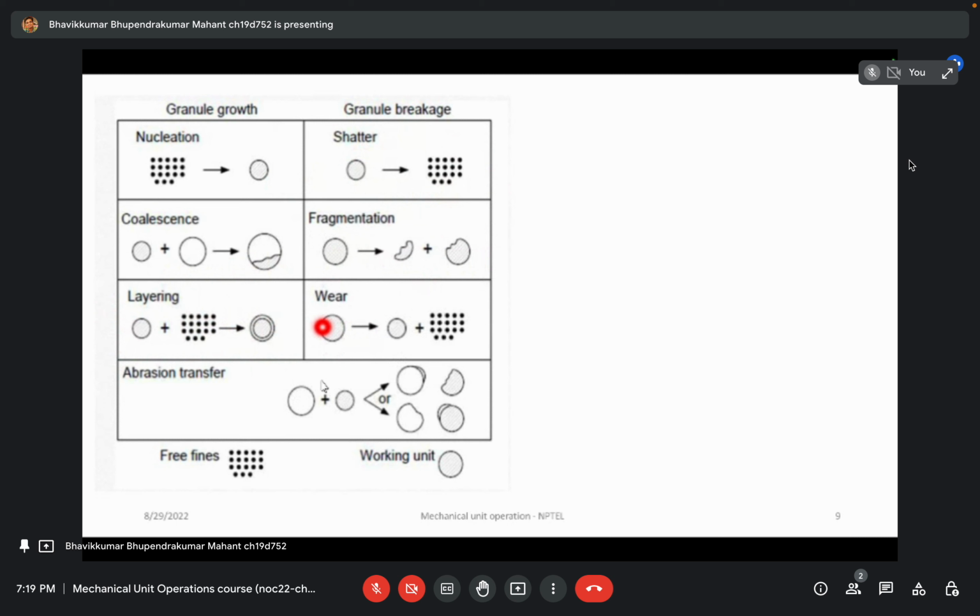Because of wear, there is some particle size reduction, and you can get free fine particles over there. So abrasion transfer is there when two different kinds of particles come into contact, and there may be an abrasion process going on between the two, and you can get a different uneven morphology of two different solid particles.